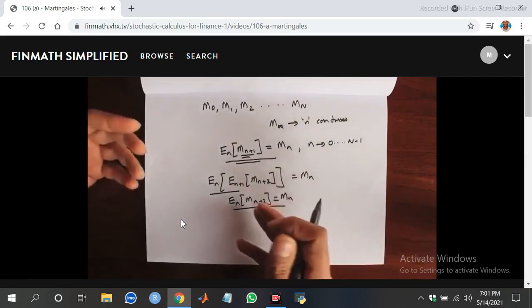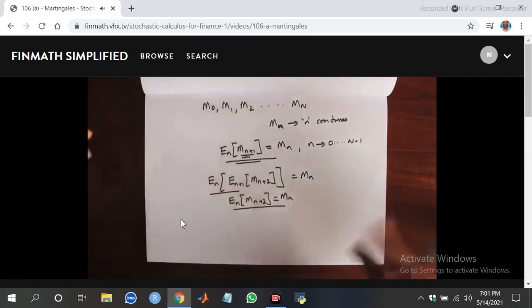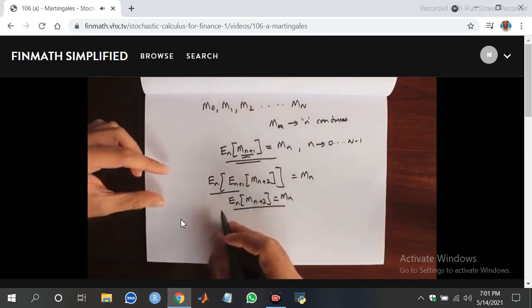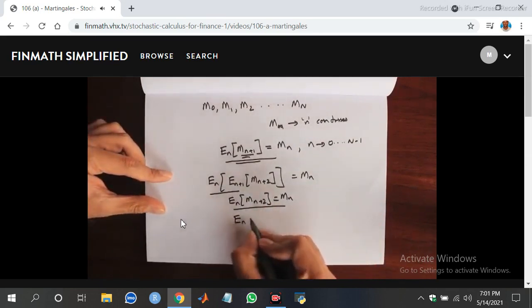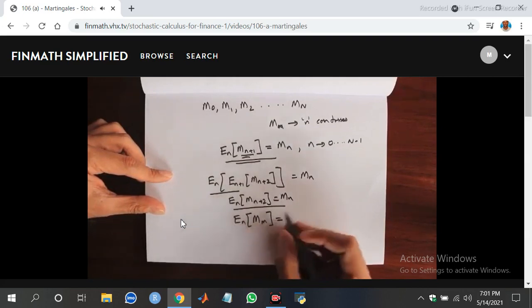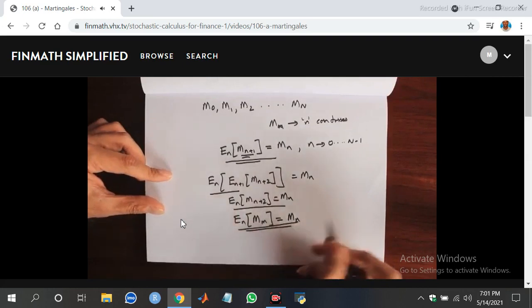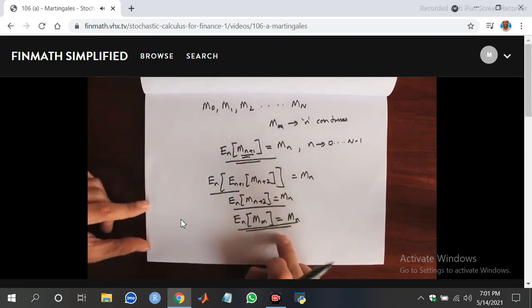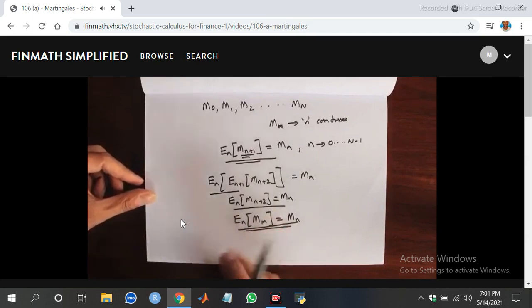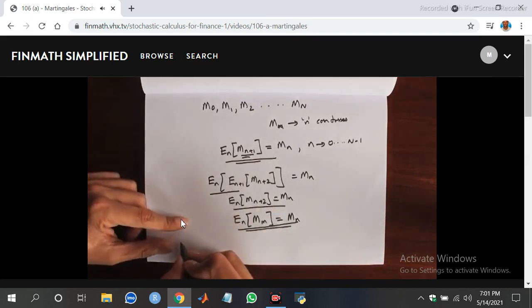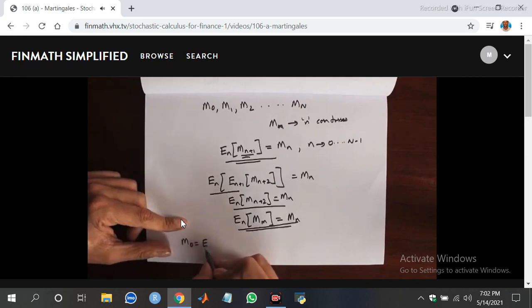Likewise we can do it for M(n+3), and we can make a generic statement: the expectation at time n of a random variable M(m) is equal to Mn. This is called the multi-step ahead martingale property. It follows from here that M0 is equal to the expectation at time 0, so I don't have to write a subscript here, of M1.